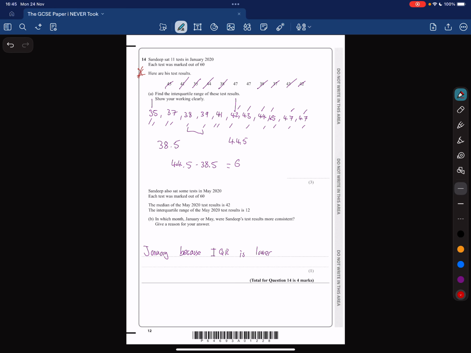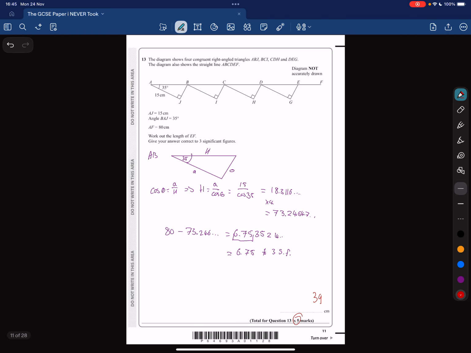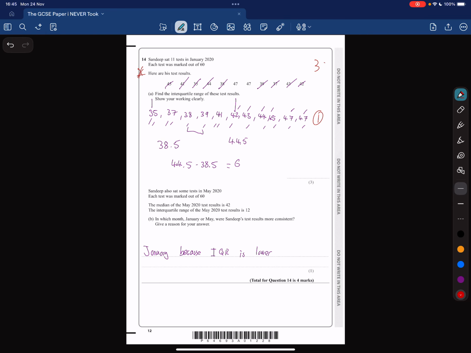Oh, well, apparently I get 1 mark for just doing that. 39. Oh, I was close. I was very close. 7. I nearly got it right. But anyway, that shows you how you can just get a mark, and you'll see how this could push me up to an 8 or 9.